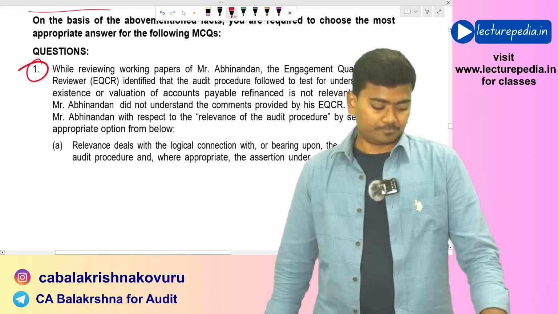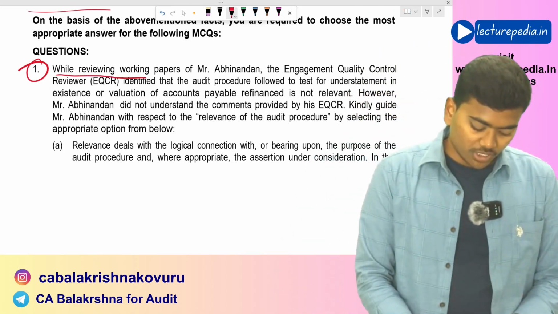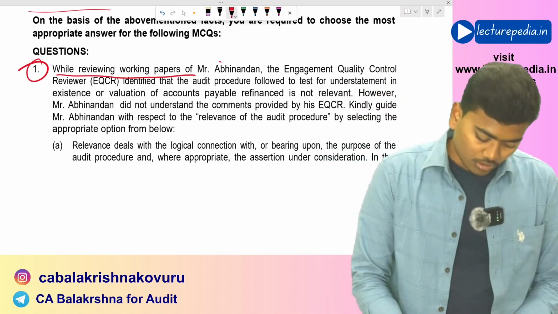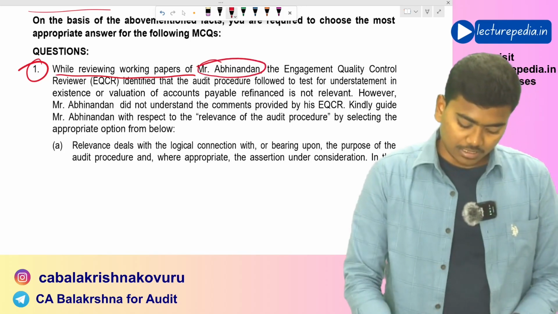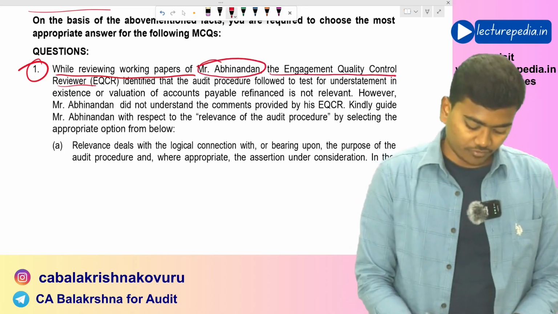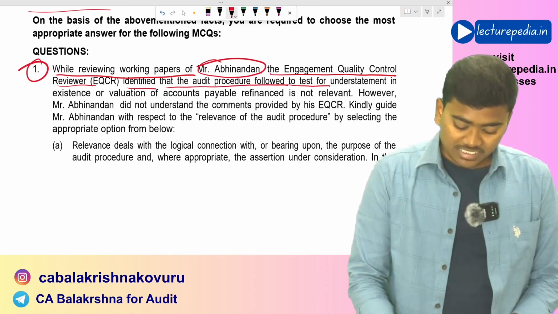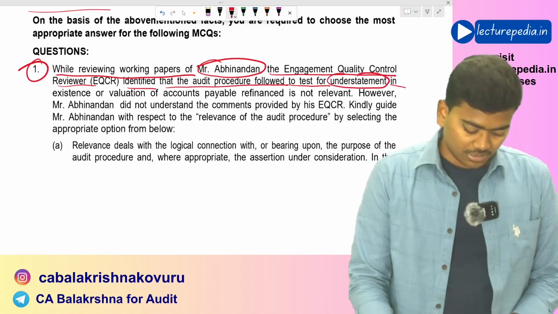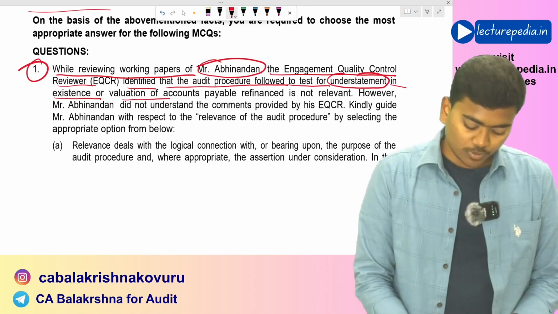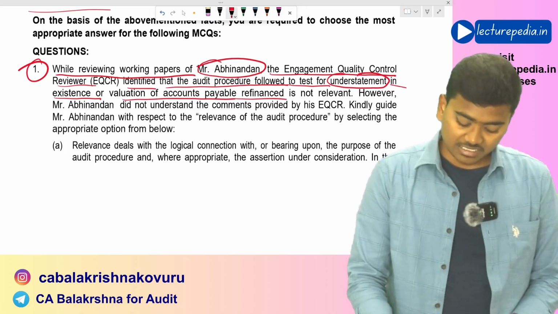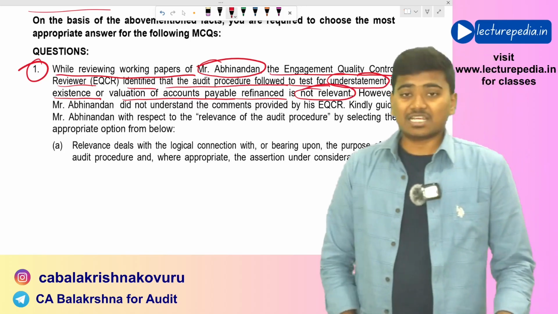Question number 1. While reviewing the working papers of Mr. Abhinandan, the Engagement Quality Control Reviewer identified that the audit procedure followed to test for understatement in existence or valuation of accounts payable refinanced is not relevant.